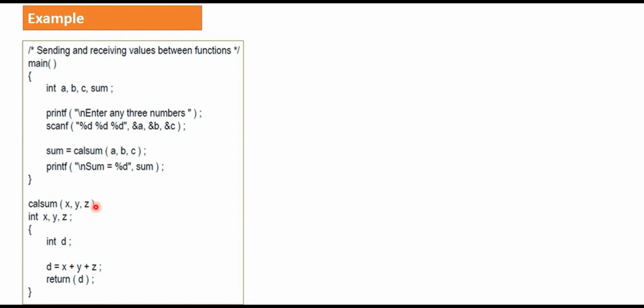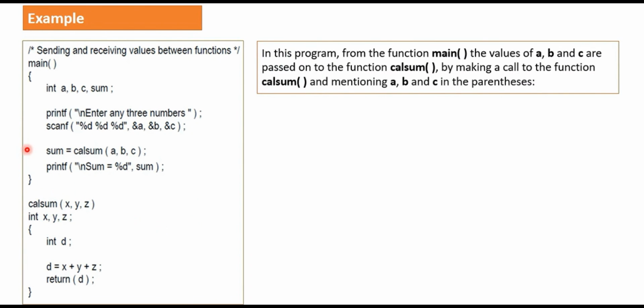That will be the standard syntax for function definition, having the return type, the name of the function and the parameter list. In this program, from the function main, the values of a, b, c are passed on to the function calsum, by making a call to the function calsum and mentioning a, b, c in parentheses. That means we have read the values of a, b, c from the user and pass these values to the function calsum.